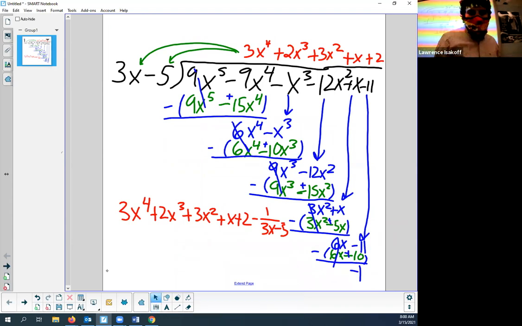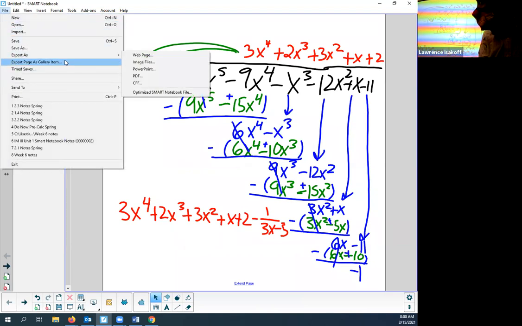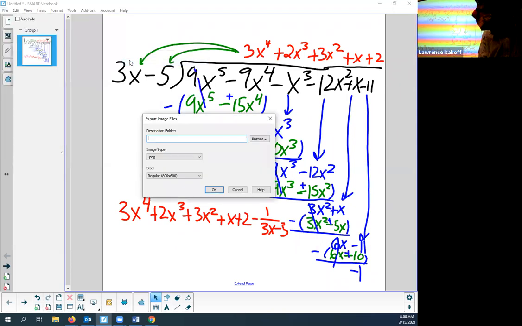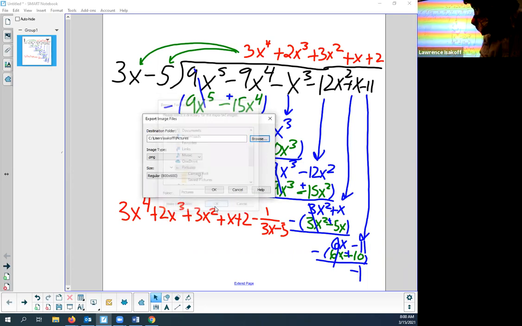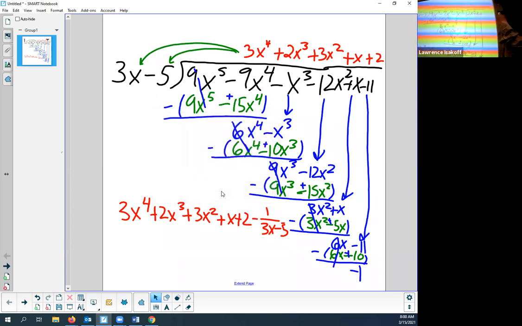So I'm going to work on exporting this as an image right now so I can upload it as well. There are pictures. I'm going to upload this as a large picture just because I can.